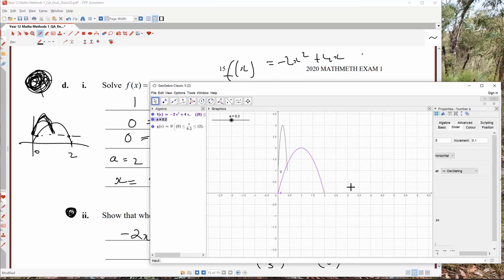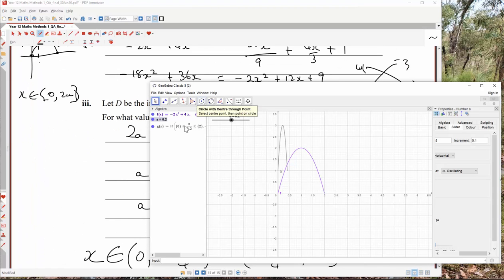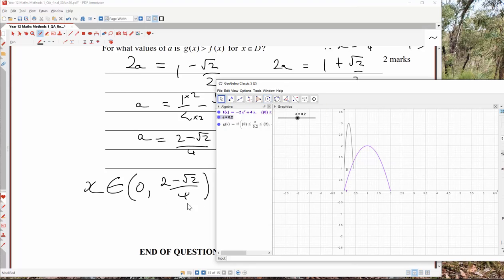Now, between 0.1 and 0.2, it's going to go below. So that value there is the first value that we found down here. That's 2 take root 2 over 4 sits right there. So that's going to be the dilation factor to get it to hit it. Now notice that it isn't above it for all values. So that basically is not allowed.